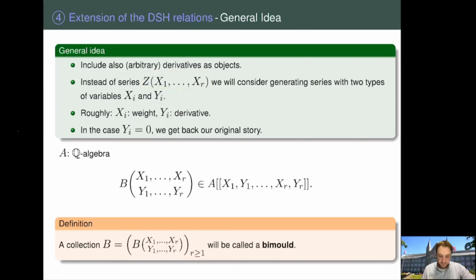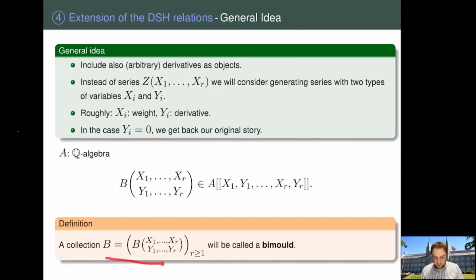And if I look at the constant term with respect to y, I can somehow think of these objects as the objects where I just take the non-derivative part. So what we're interested in are formal power series like this in two families of variables.